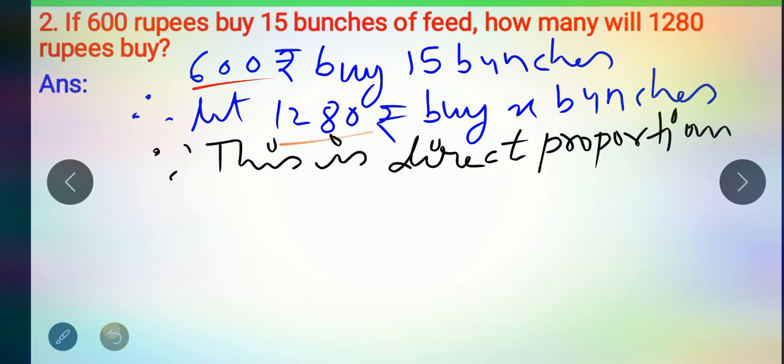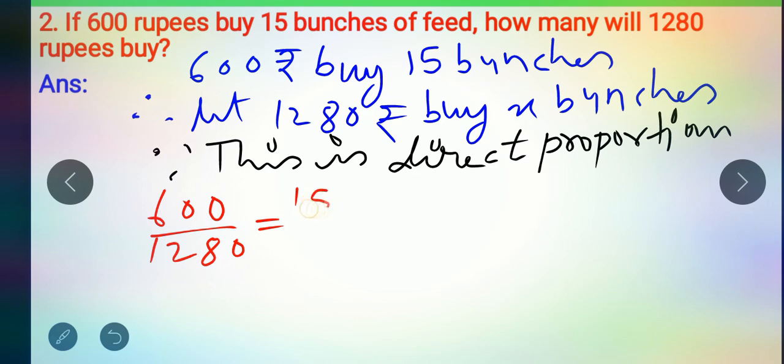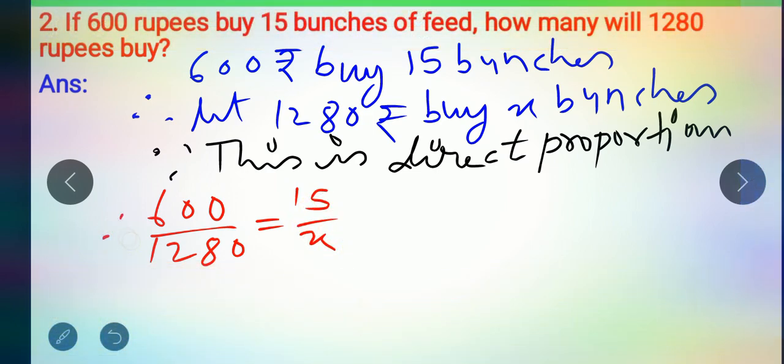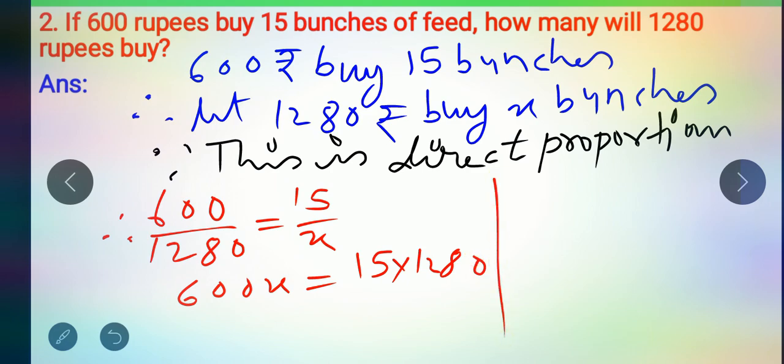We'll write 600 upon 1280 is equal to 15 upon x. So students, now I'll do cross multiplication. Here 600 into x is equal to 1280 into 15. 600x is equal to 15 into 1280.